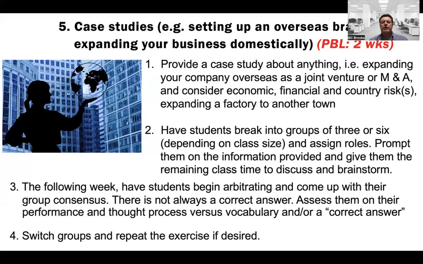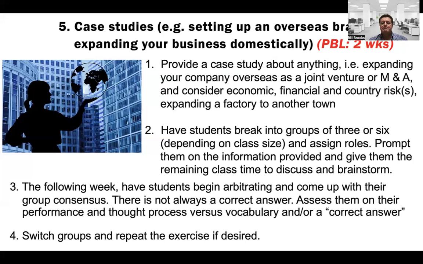So you have the students break into groups, 3 to 6, depending on the size, assign roles, prompt them on information provided, and in the remaining time in class, and then have them come back the following week, begin arbitrating about those issues, come up with a consensus, and whatever they feel is the best answer or best method for it, based on all the information you give to them, financial, country, and economic.